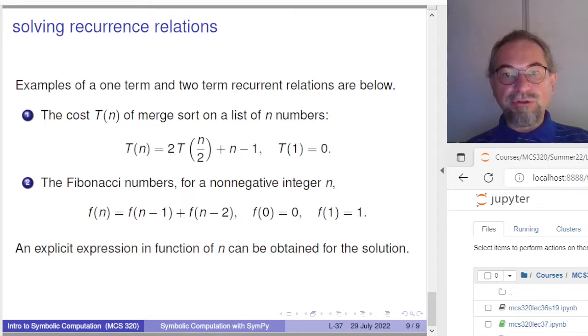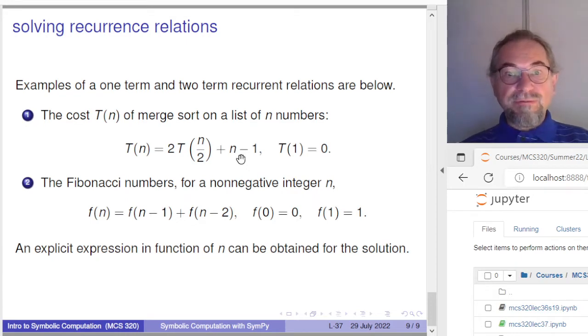It's a one-term recurrence relation because you need one initial condition, and you see that at the left and the right you have one call to the cost function capital T. Solving this relation will lead to n log n, where n is the dimension. So this is one way to prove that merge sort is logarithmic in the dimension.